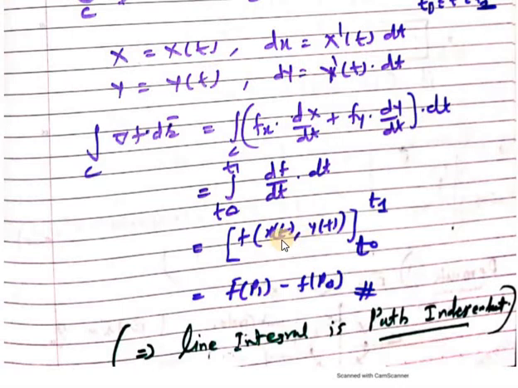Here x of t1, y of t1 is point p1, so we can write f of p1, minus f of x of t0, y of t0, which is point p0, so f of p0. So ultimately in this theorem we have proved that whenever we have a gradient vector, the line integral depends on the endpoints only.